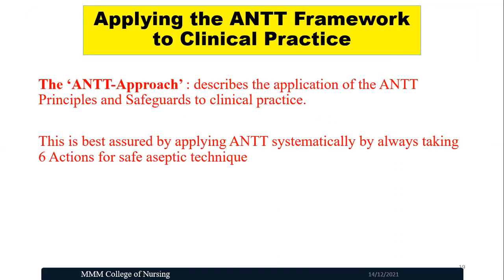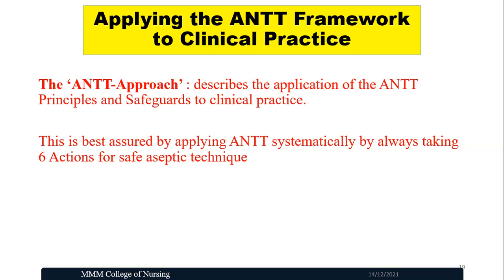First is the ANTT-Approach, which describes the application of ANTT principles and safeguards into clinical practice, which we already discussed in the initial part of this video. We need to remember those 6 principles and 4 safeguards in clinical practice.